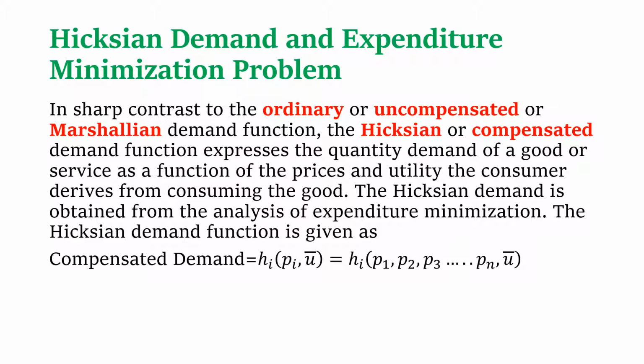Assuming that the consumer is consuming two goods, in the utility maximization problem, we are going to find the maximum amount of satisfaction derived from the consumption of the two goods. So that is what we are looking at.